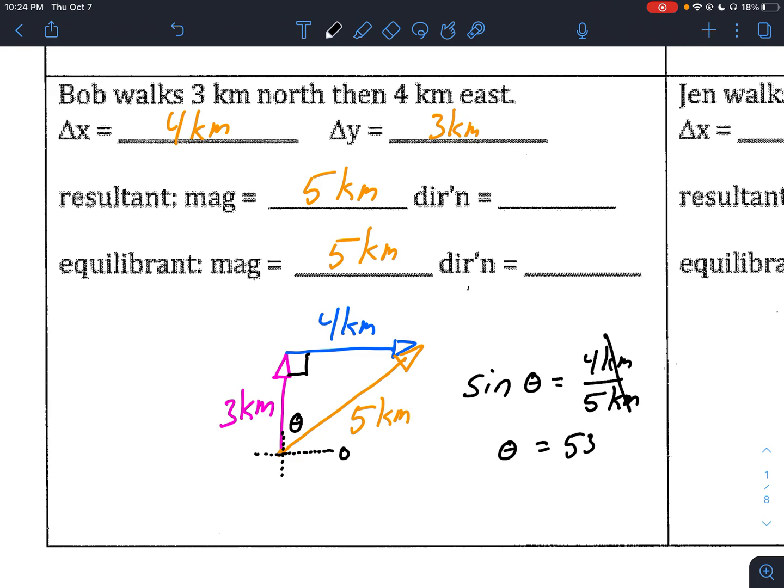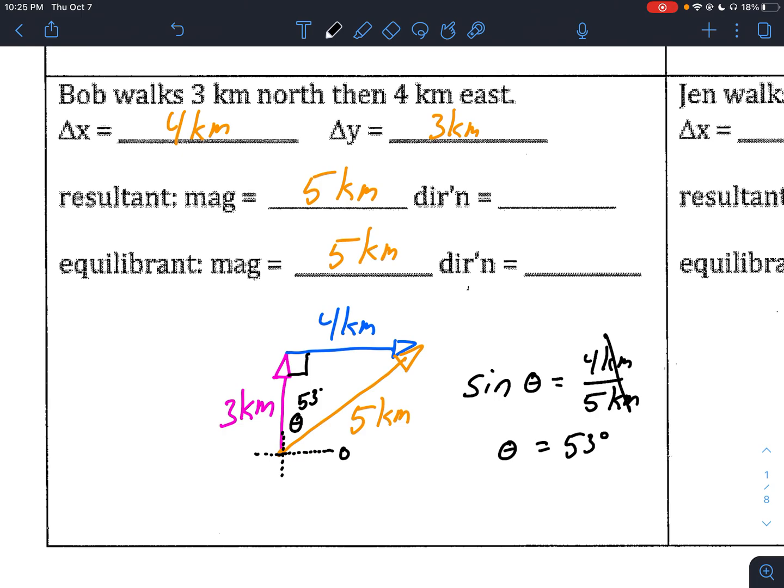It's 53 degrees. So this angle in here is 53 degrees. So we could stop there and just make sure if we tell Bob how to get to certain places, we say, Bob, make sure you walk 53 degrees east of north. We could say that.